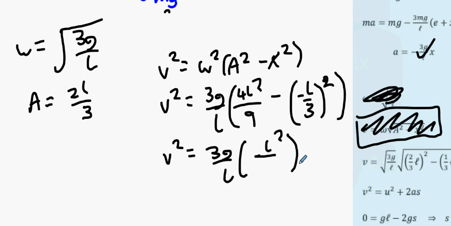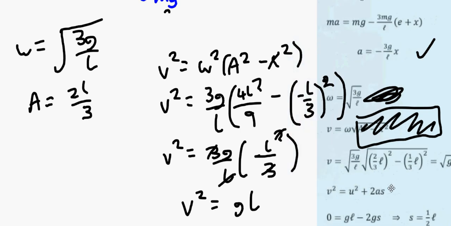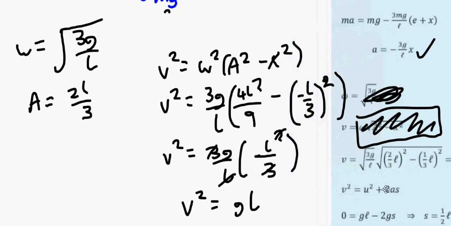I think we're sort of in business now. The 3 cancels. The L cancels with that. And I get v squared equals gL. Or v equals root gL. We're all good. We're perfect. Alright, no mistake made.